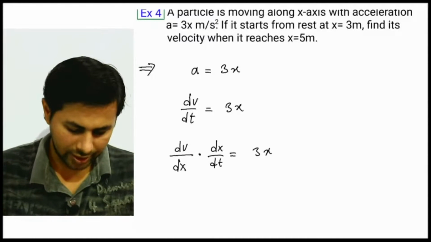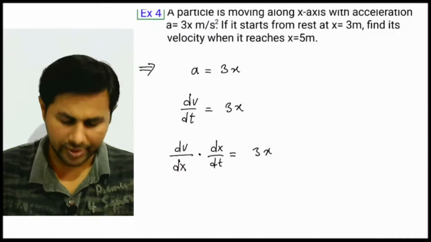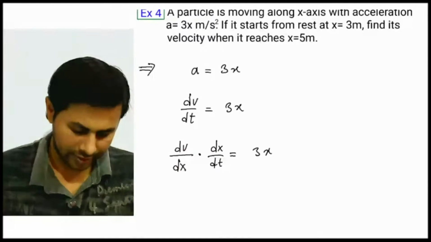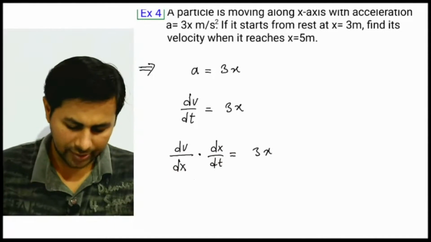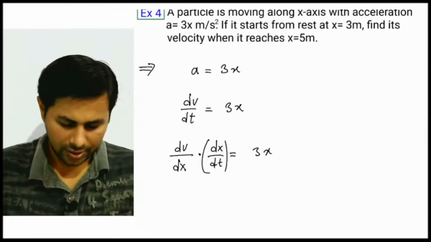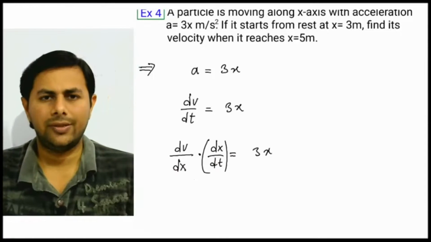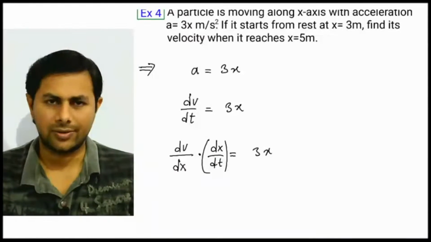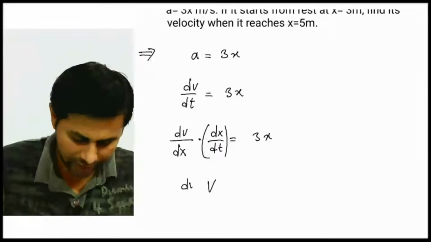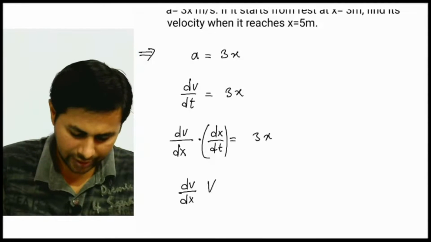Okay, so here I divided with dx, and here I multiplied with dx. Okay, so dividing and multiplied with dx, what do we get? So dx by dt, we know its velocity. Okay, so dx by dt is v. So we have v dv by dx equals to 3 times x.